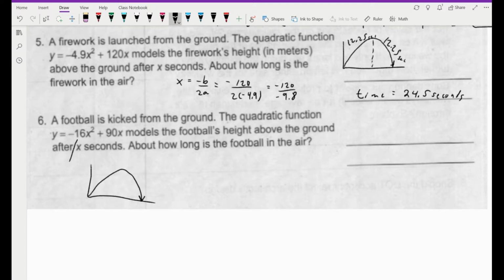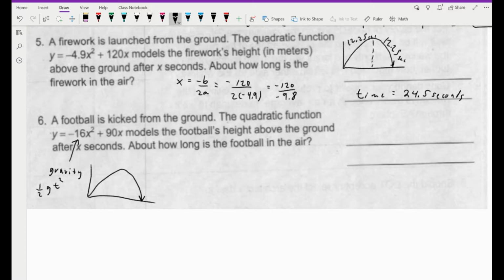And just so you know, this negative 16 represents gravity. Because there's an equation that we use. It's 1/2 g times t squared, and g represents gravity. And gravity in English units is about 32 feet per second per second.